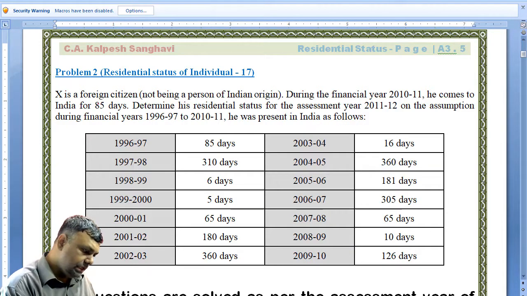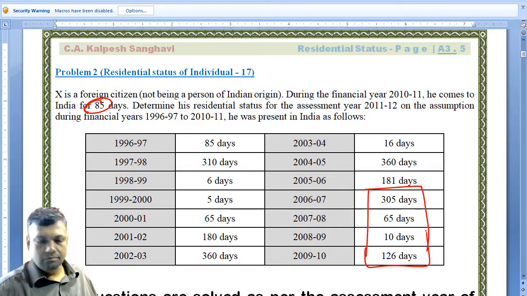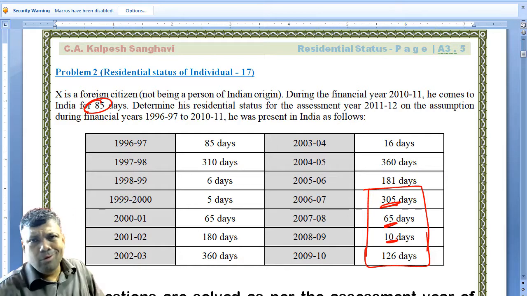So your previous year stay is 85 and this is your 4 years before. And see if you take the total, that 365 days, no? So it is 305 plus 65 plus 10. I don't require that exact number, basically.